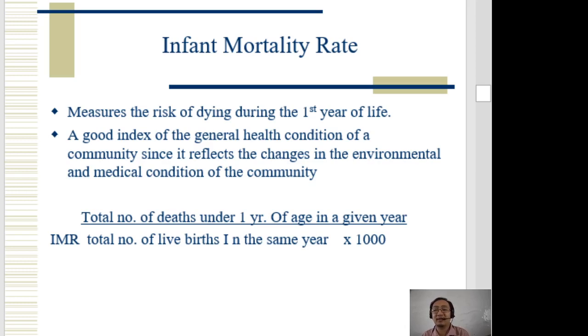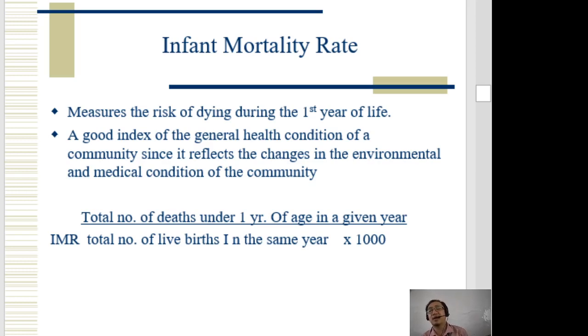Usually this is affected by poor maternal health and child health care services, malnutrition, poor environmental sanitation, deficient health service delivery. And according to international standards, 200 deaths under 1 year of age per 1,000 live births is already a very severe environmental condition. So it should be way less than 200.